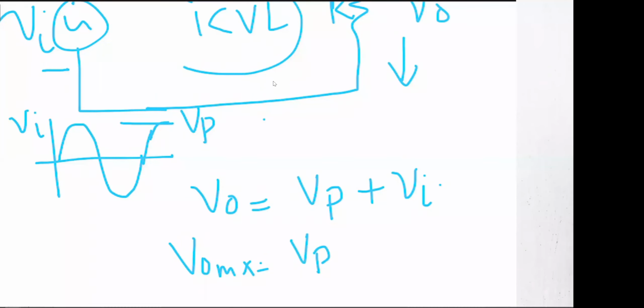The maximum input value, if you see from the sinusoidal waveform, is also equal to Vp. So we can replace the input Vi with its maximum value, which is equal to Vp, right? Are you with me?